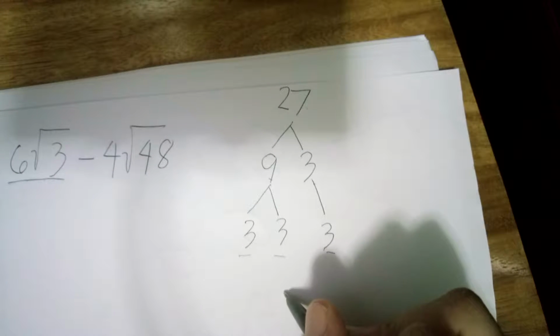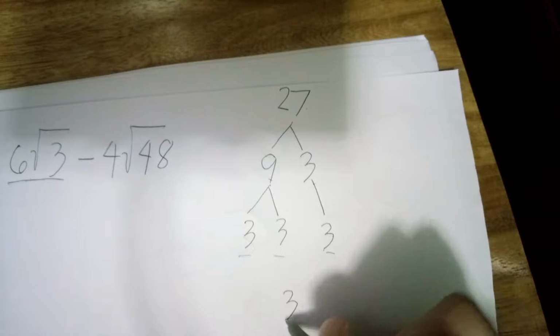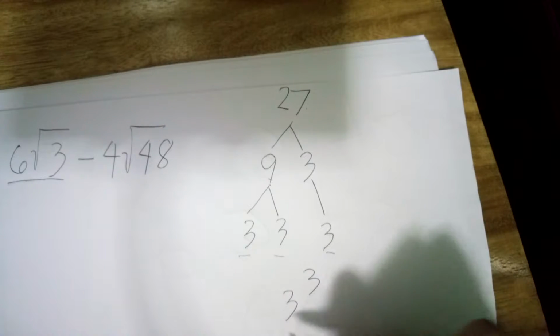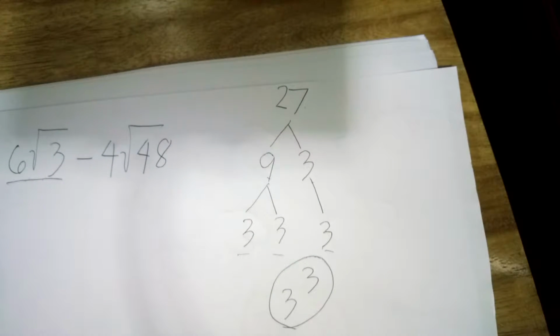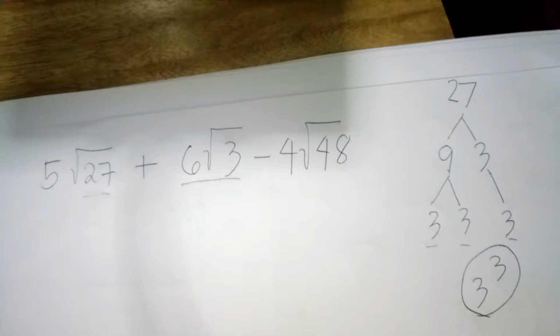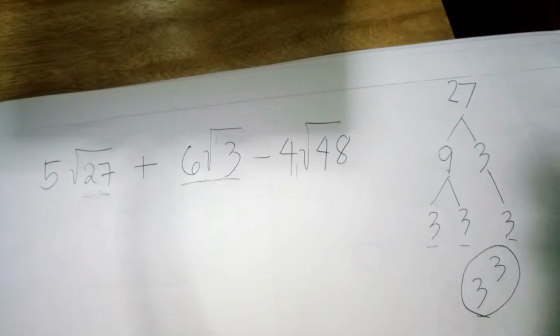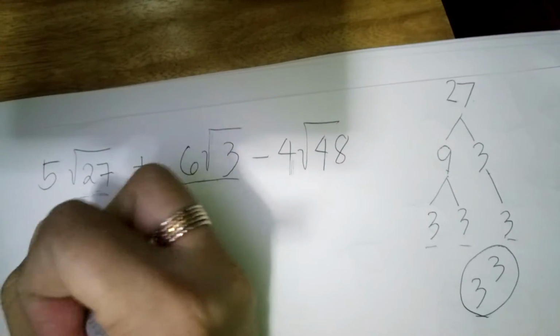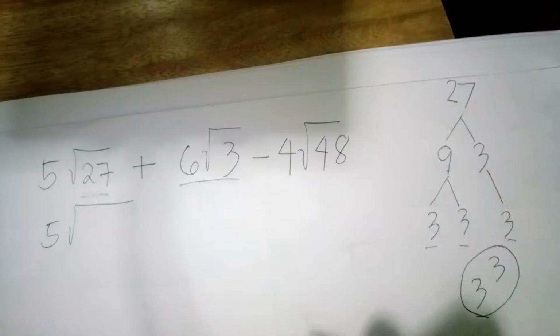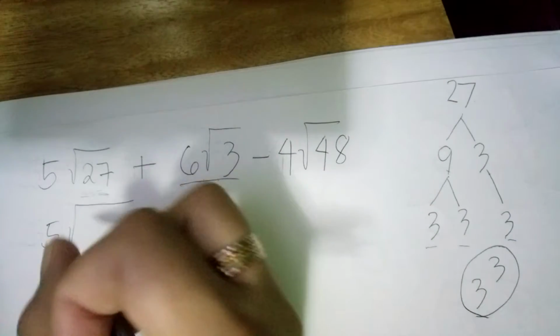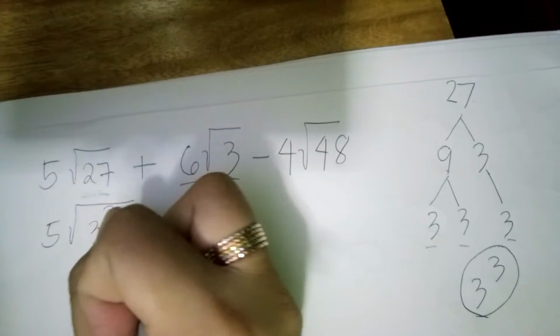Finally, there are 3 3's, so your prime factor is 3 to the power of 3. Now you write your 3 to the power of 3 here, so 5 times the prime factors of 27, which is 3 to the power of 3.